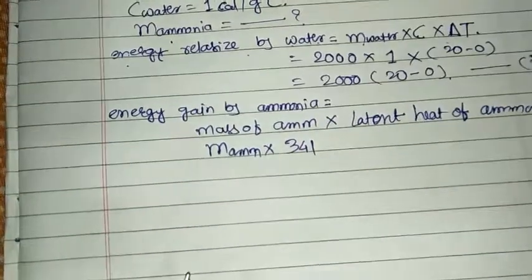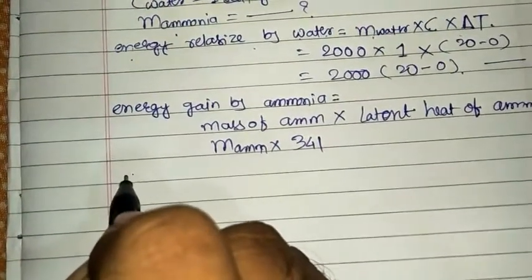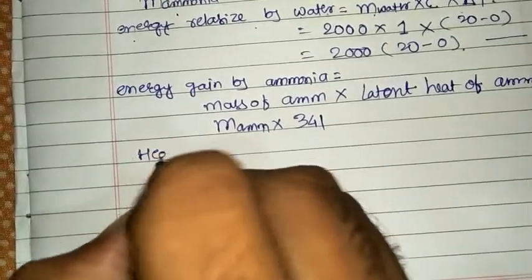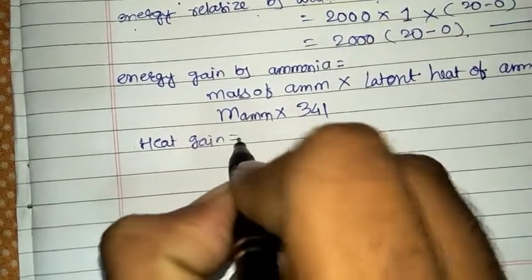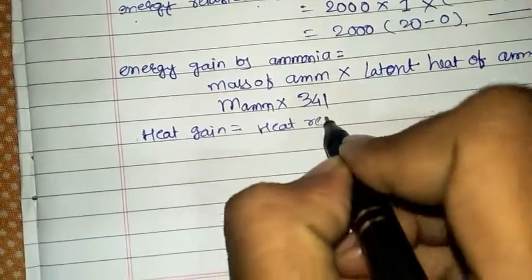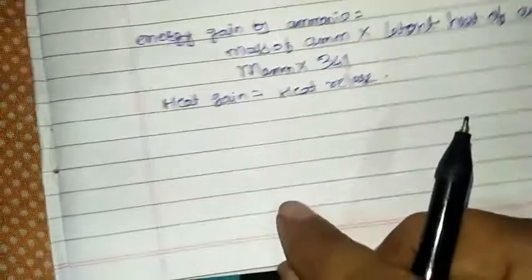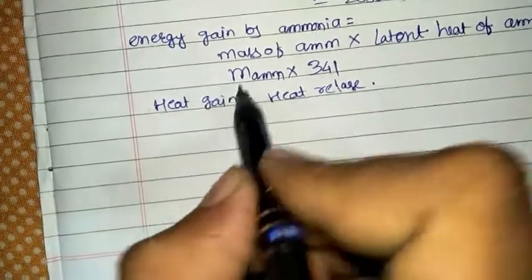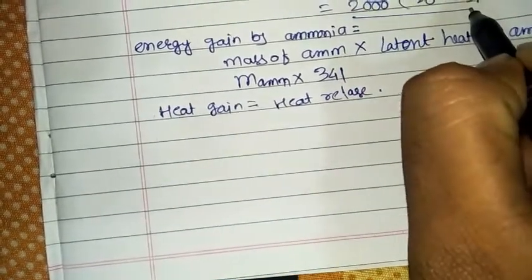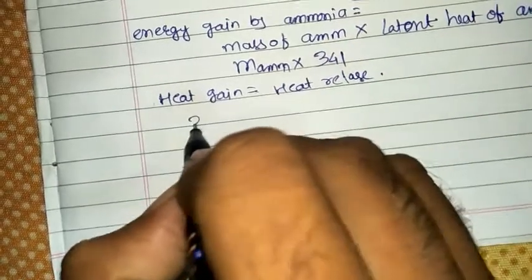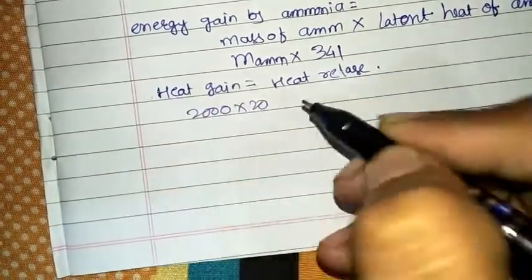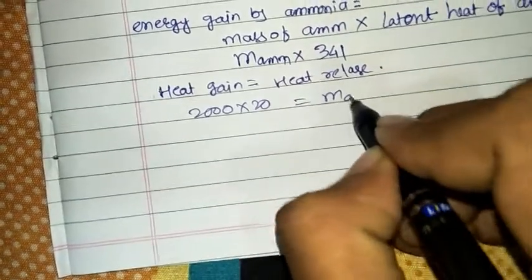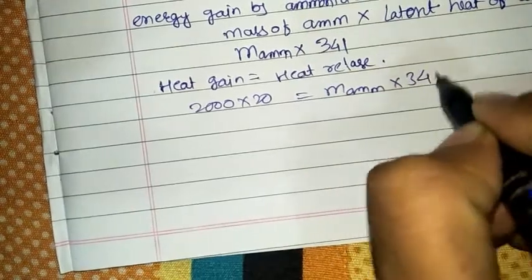Now by the principle of heat exchange, heat gained by an object is equal to heat released by an object. Okay, heat gain is equal to heat release. Now what amount of heat is gained here? That is 2000 into 20, which we have seen earlier. So 2000 into 20 is equal to mass of ammonia into 341.